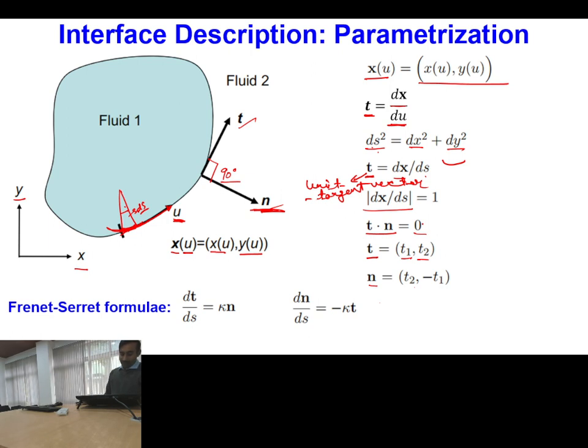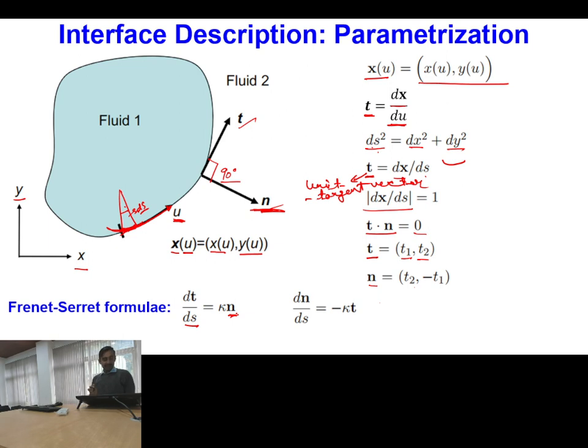Now, one important point is, if I take the derivative of the unit tangent vector with respect to the surface, okay, then that is nothing but proportional to the normal vector. Again, the derivation I am not doing here, I am simply giving you the formula directly.